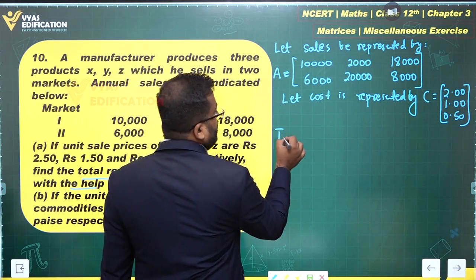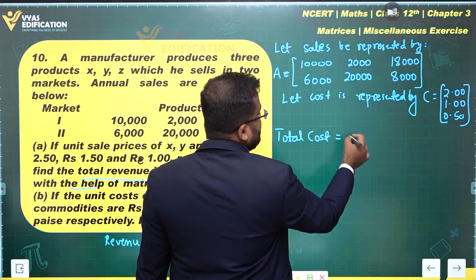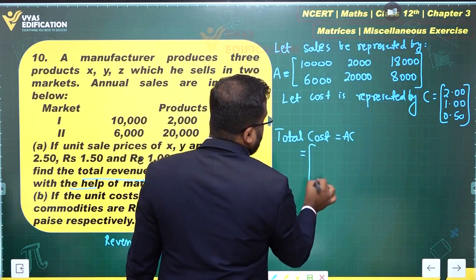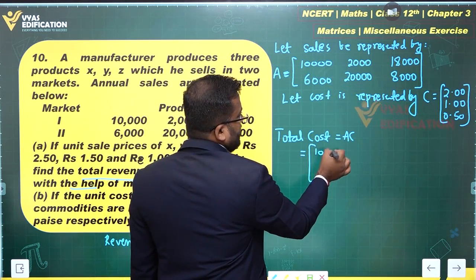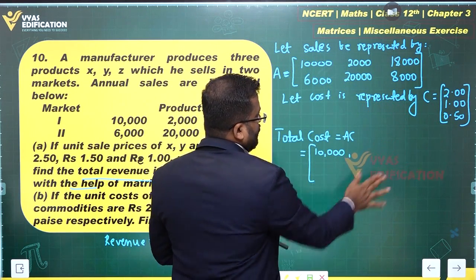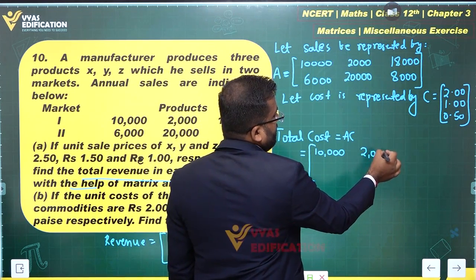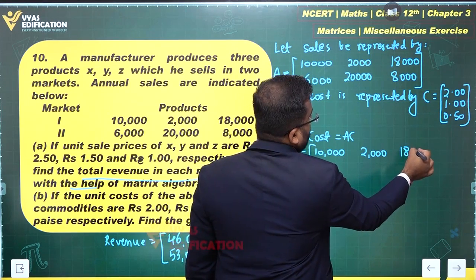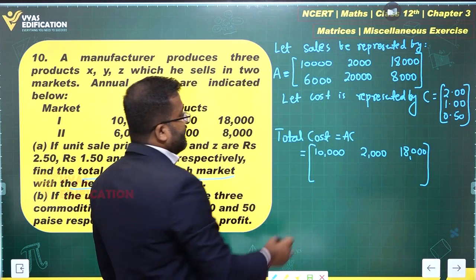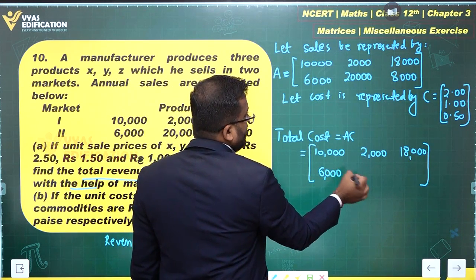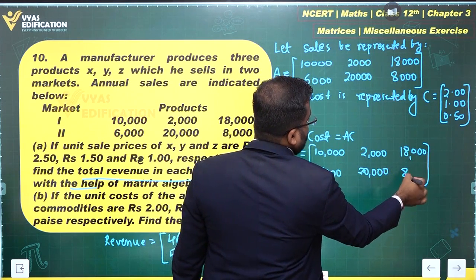First, let's find the total cost. Total cost would be the product of matrices A and C. What you have over here is 10,000, 2,000, 18,000. Let's write the numbers: 10,000, then we have 2,000 and 18,000. The second row has, in the second market, 6,000, 20,000 and 8,000.